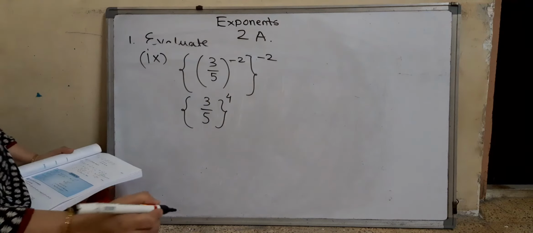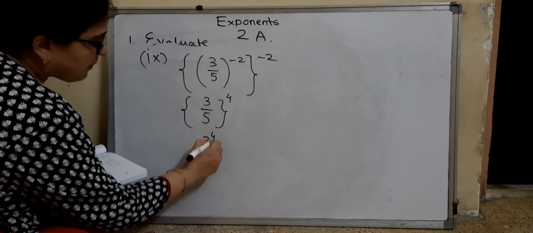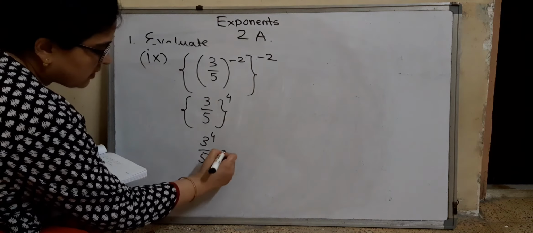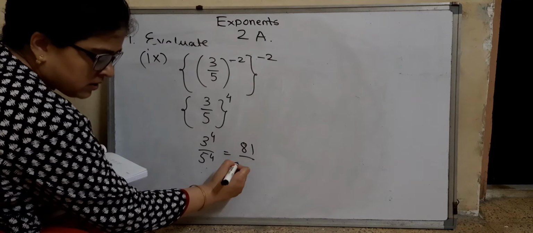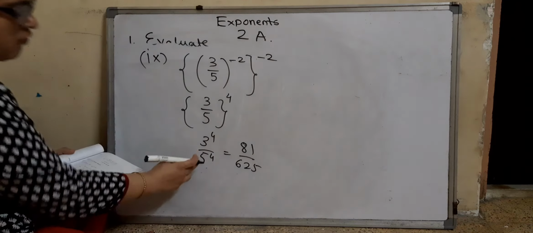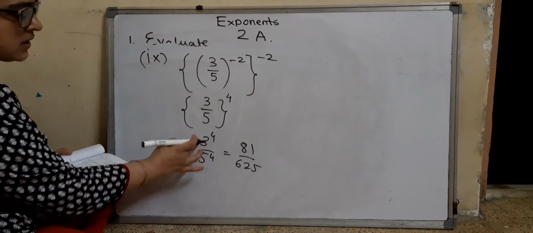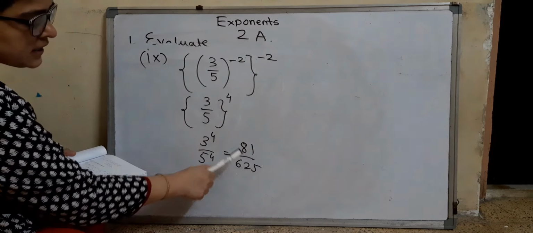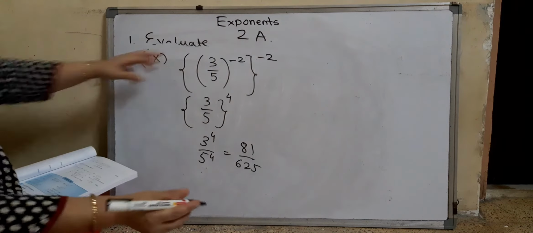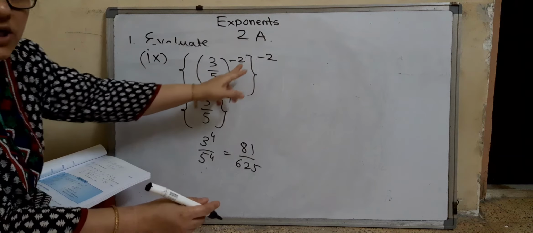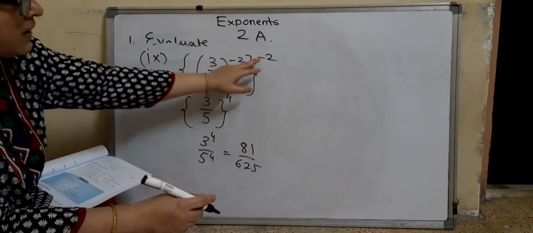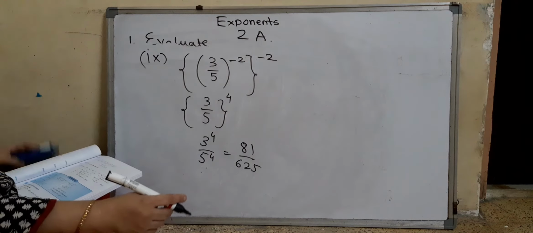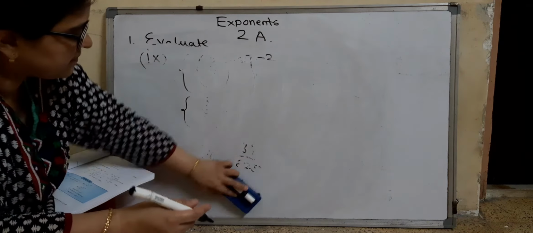So this is 3 raised to 4 upon 5 raised to 4. So this is 81 upon 625: 5 into 5 into 5 into 5, 4 times, and 3 multiplied by 3, 4 times. Whenever there is a bracket, there is multiplication of the powers, and minus minus will become plus. 2 2s are 4. Ninth done.